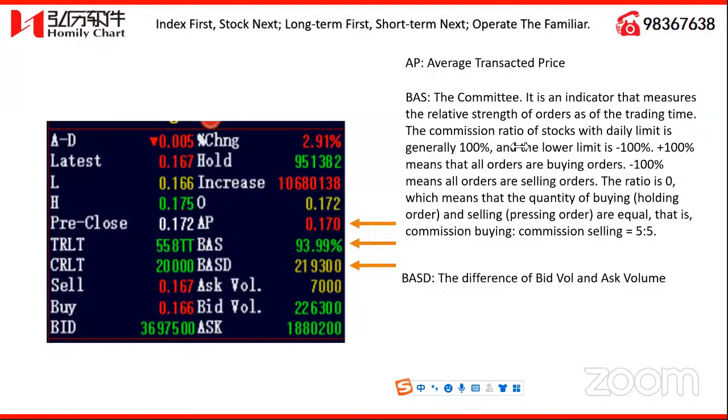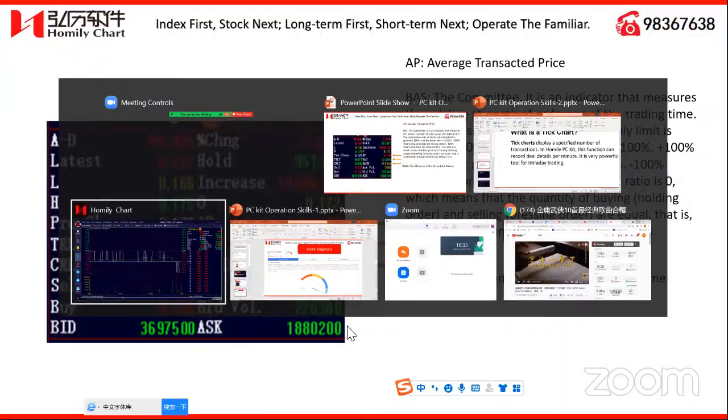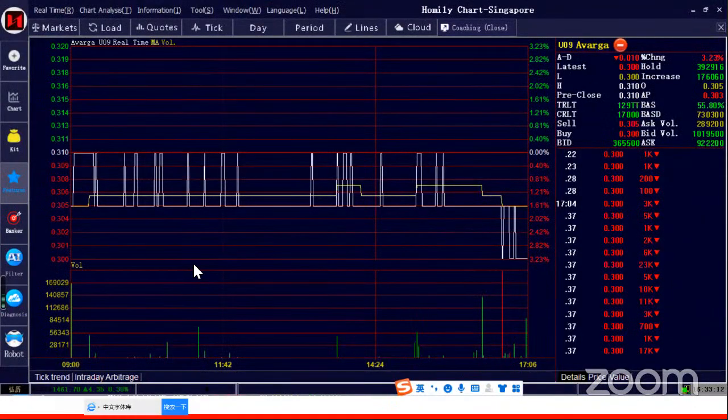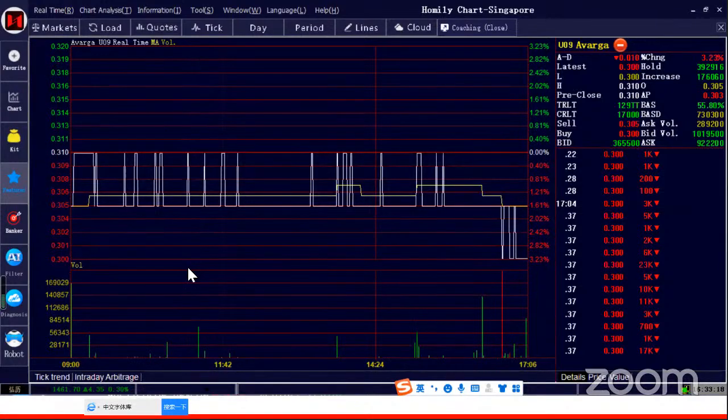For the detailed chart on the left-hand side, the columns: green, red is sell volume, white.